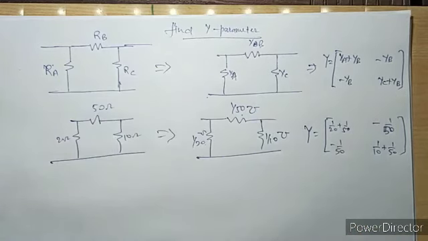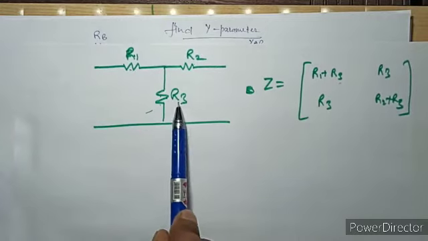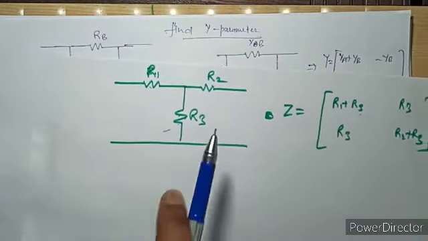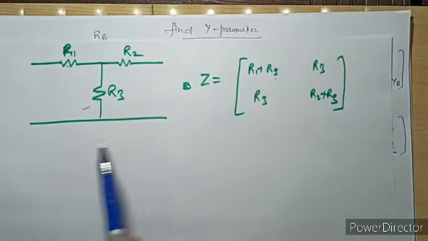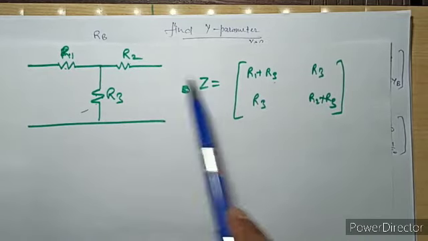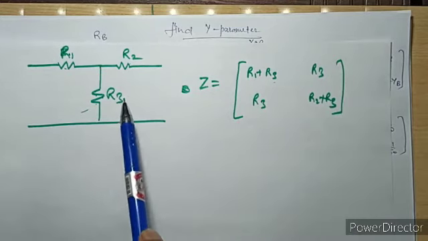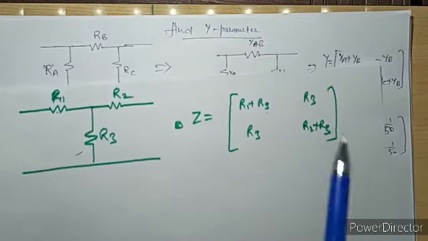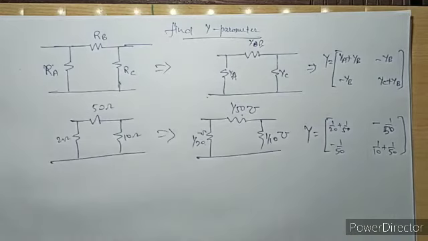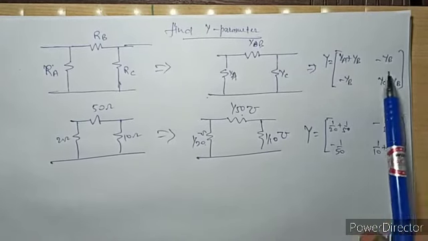And for Z parameter, if a T network is given and it is asked to find Z parameter, then directly use this. Means Z will be R1 plus R3, R2 plus R3 and common is R3, right? Okay, now we have seen that some of the parameters, as in Y parameter, are coming as negative.